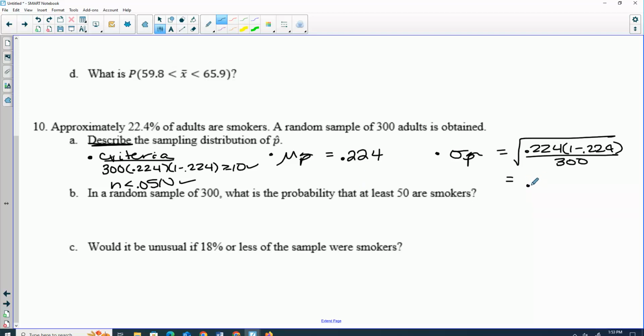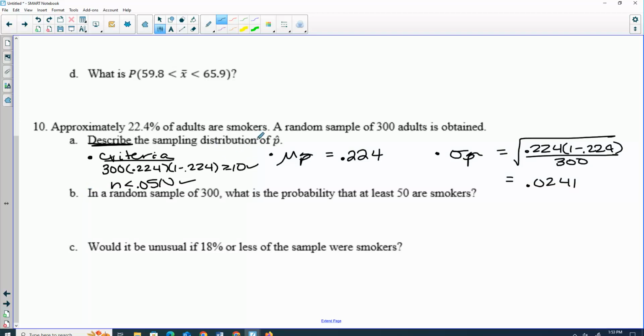So we get a standard deviation of 0.0. You guys okay with that?